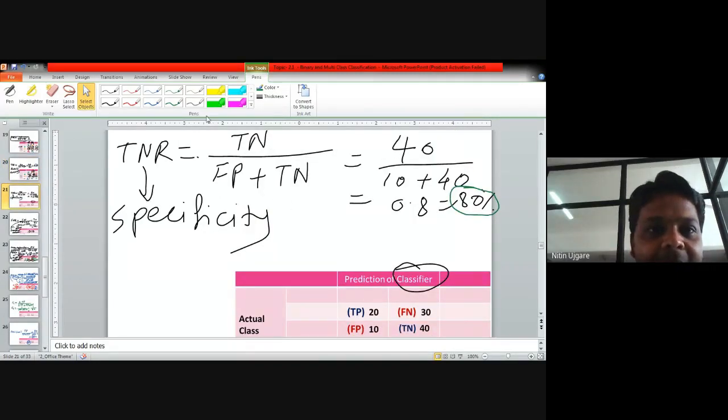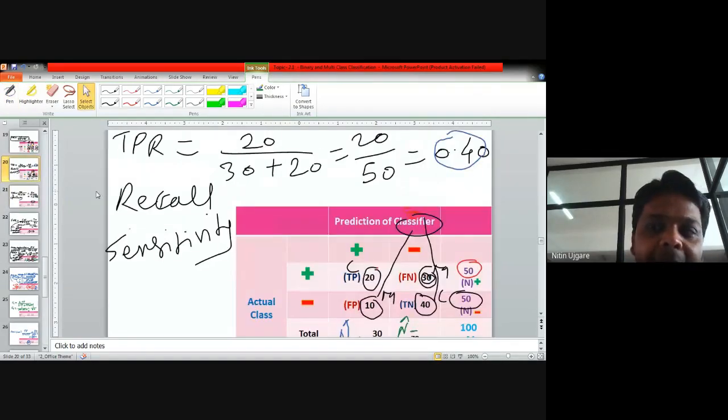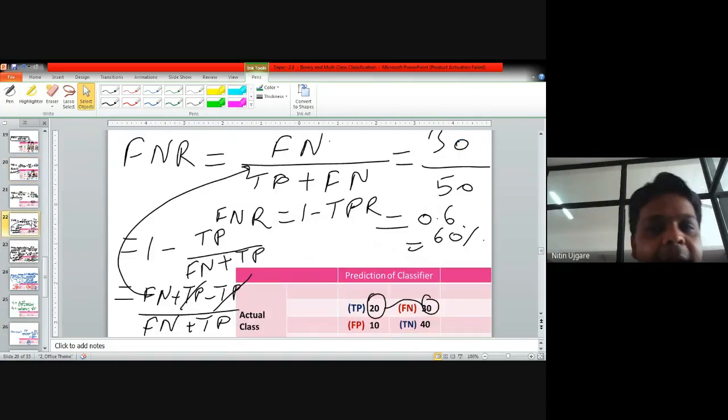This classifier may be a linear classifier, a distance-based classifier, or a Bayesian classifier. It performs well for the negative class instances, but it performs very badly for the positive class instances. And we can even interpret this conclusion from the FNR and FPR rates as well.